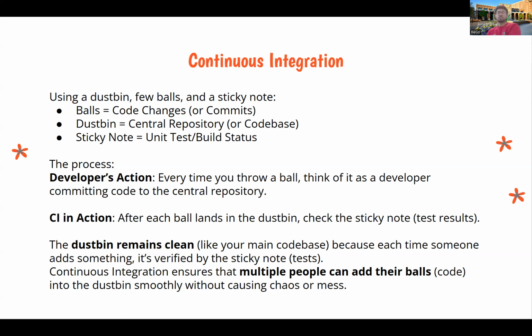Now, when you throw the ball into the dustbin, unit tests run automatically or the build runs automatically. This kind of automation: every time you make a change and push it, there is an action that automatically runs the unit tests, runs the linting, runs the build, all those things to test whether your change is correct or not.